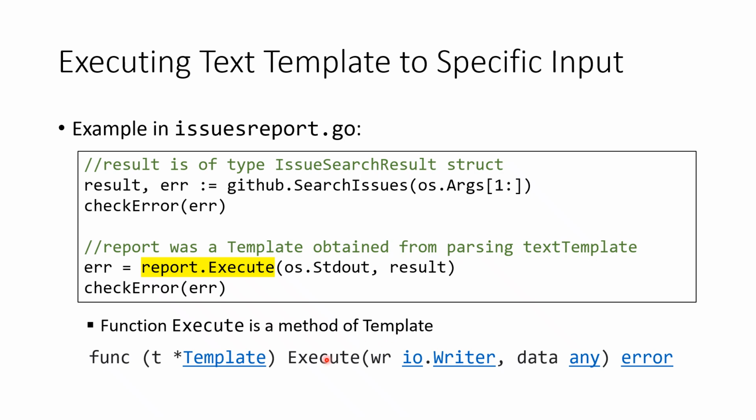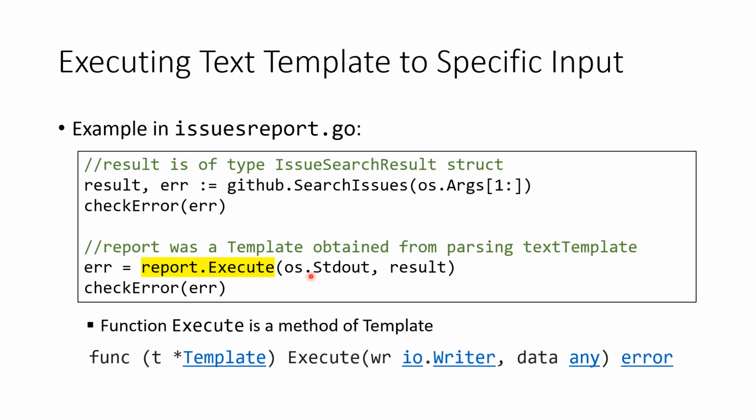It takes an io.Writer as the first argument and takes any data object as the second argument. Function Execute applies the parsed template to the specified data object and writes the output to the given writer object. When the writer object is os.Stdout, the output is written to the standard output terminal, which is the screen.